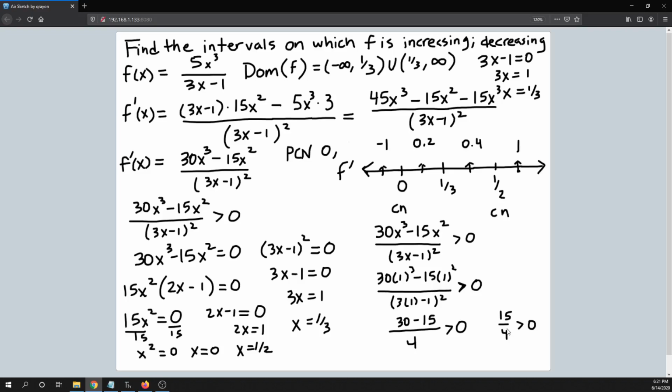What I care about is the fact that if I take any number on this piece over here on the end, when I plug it into the derivative, I am going to get a positive number. And that means that the original function is going to be increasing on this piece. Okay. All right. Let's go with the -1.